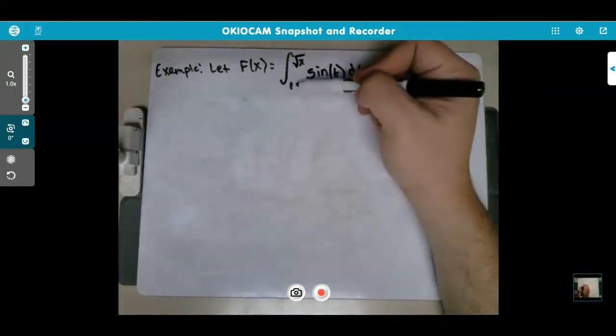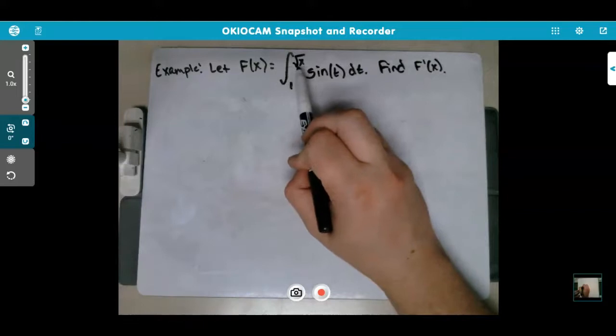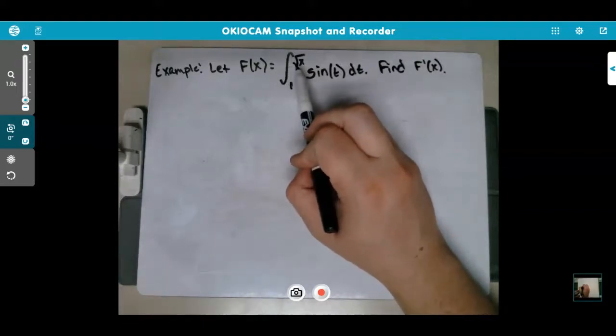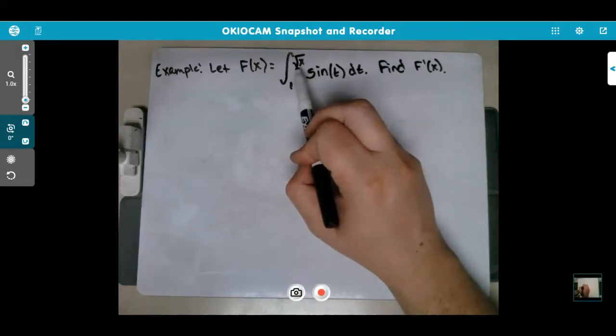Because down here is good because I have a constant. But look up here, I have square root of x, not just x, okay? So since this is a function of x and not just an x, I've got to use the chain rule we learned in chapter 3, okay?